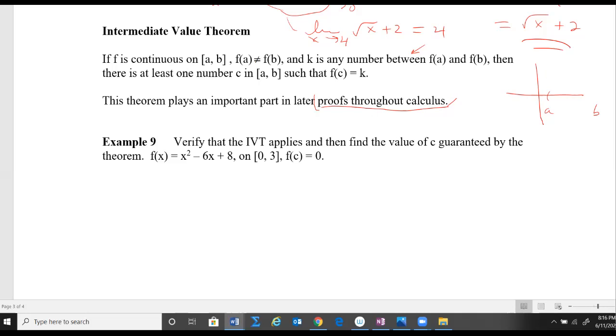And it can't be equal to f of B, so f of B might be over here. Okay, notice it's lower than f of A. Now f is continuous, so that means I can draw a curve going from f of A to f of B without lifting my pencil off the paper. So I might do this.